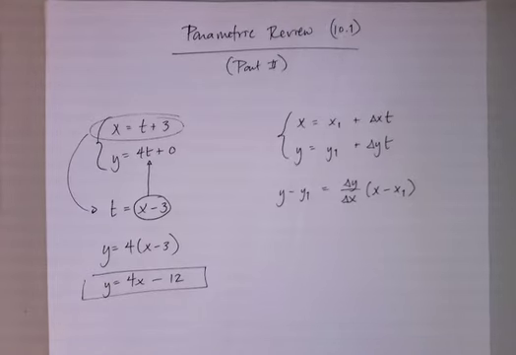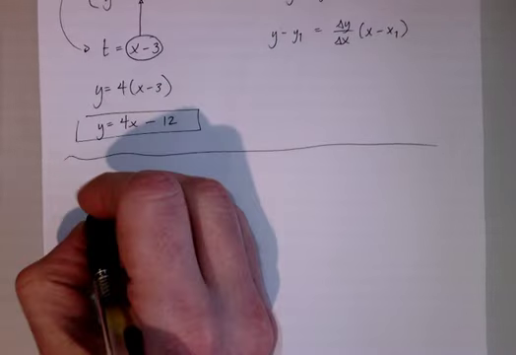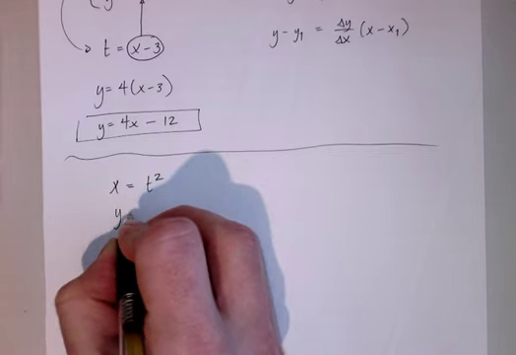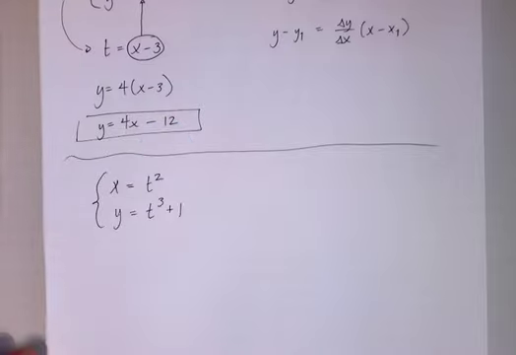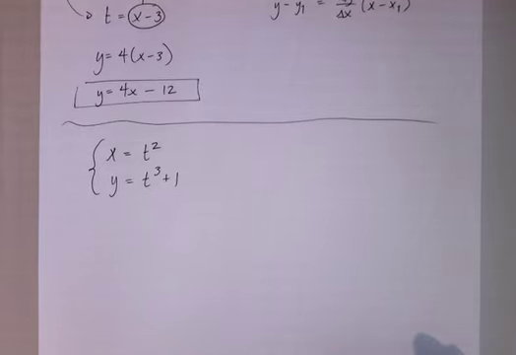Okay? It gets a little more difficult. If we have something like x is equal to t squared and y is equal to t cubed plus 1, now with parametrics, when we're eliminating the parameter, we have to be a little bit careful, okay? Because sometimes there are limitations in the domain, or in what x and y can be based upon their relationship to t.